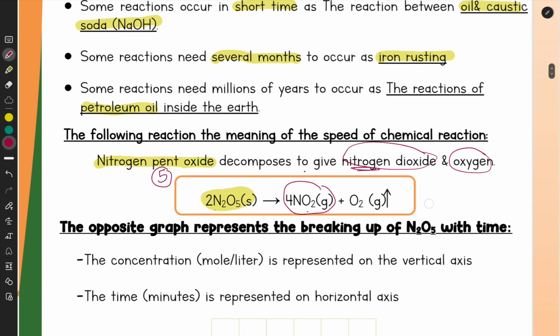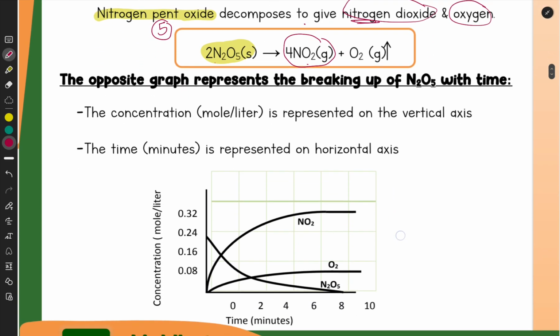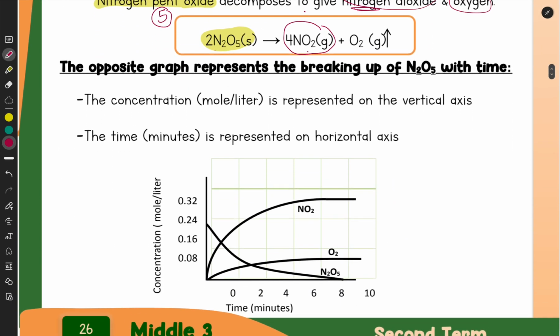We have a graph right here. This graph represents the concentration in moles per liter on this axis, and the time right here. Over time, we see that the concentration changed, like the concentration of N2O5.